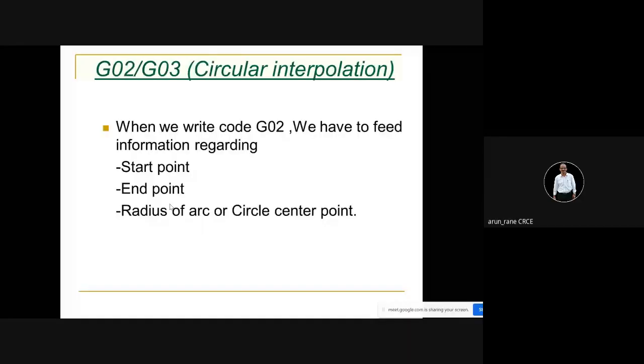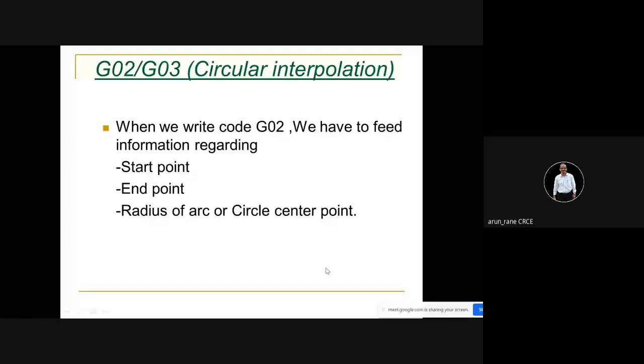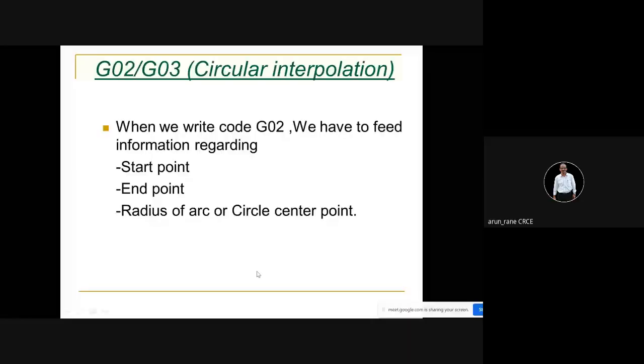In the higher versions of the control, you give the radius. In the older versions, we used to give the center point of the circle. If I ask you to draw a circle on the screen, you will ask where to draw it, where should I take the center, and then what is the diameter or radius. Same thing here.